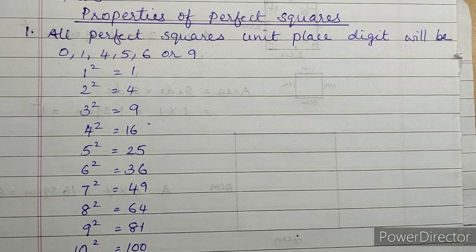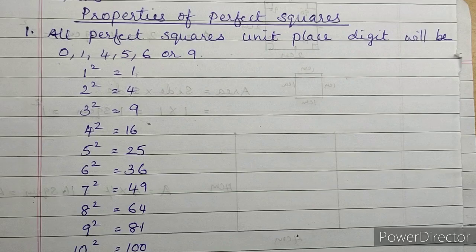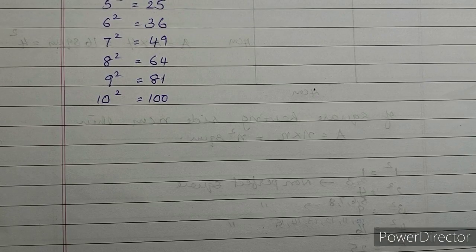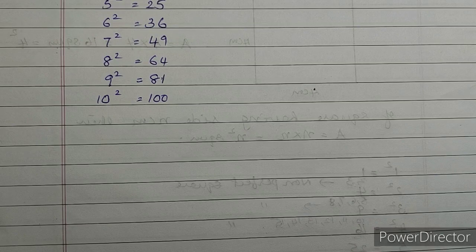Do you have any perfect square number that ends in 2 or 3 or 7? No, there is no number ending with anything other than these digits. But how can you conclude that any number's square will end only in these digits, 0, 1, 4, 5, 6 or 9, by looking at the first 10 natural numbers? Let us consider the squares of some bigger numbers.